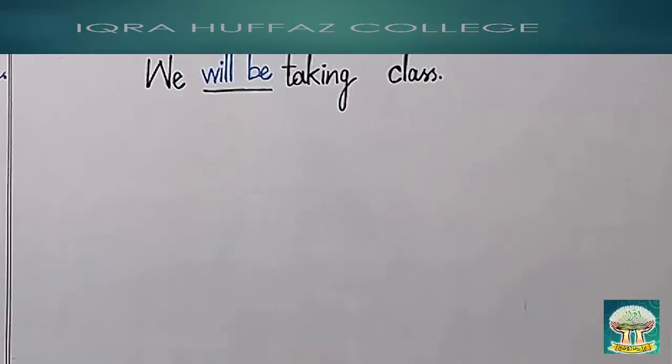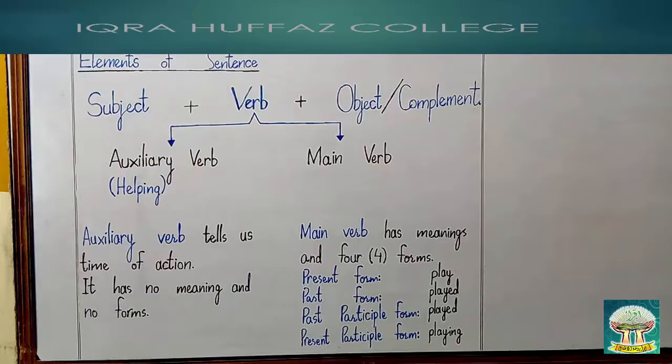Whenever there is a specific auxiliary verb, it tells us the time of action. In simple words, the auxiliary verb tells us the sentence belongs to present, past, or future. Let's get back to the previous topic. So my brothers, as I told you, auxiliary verb tells us time of action.